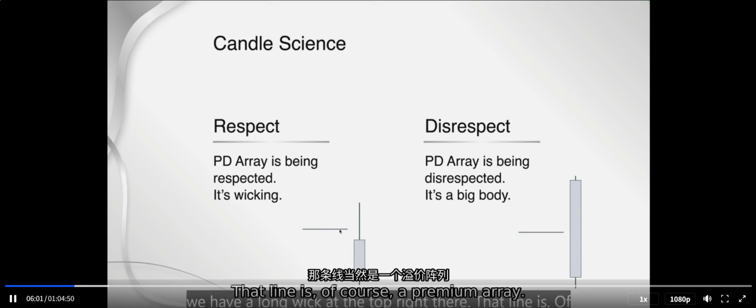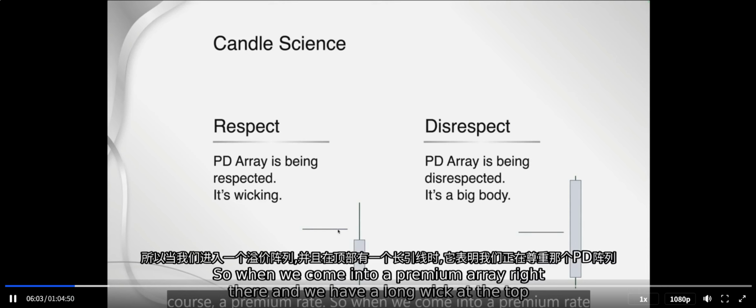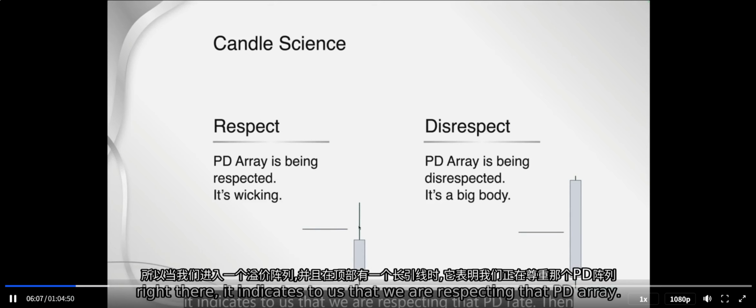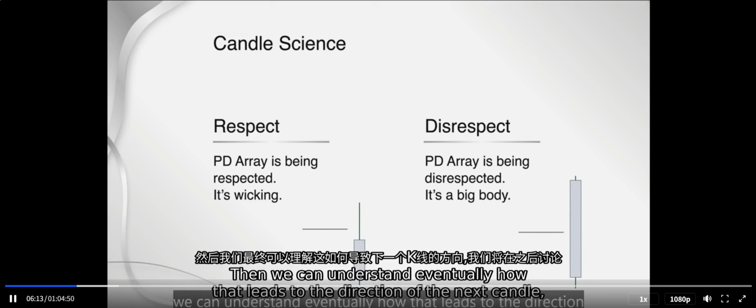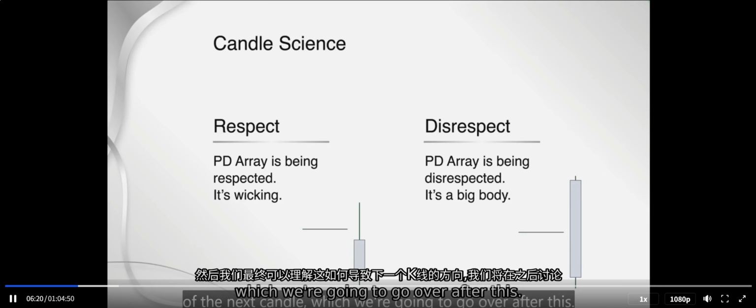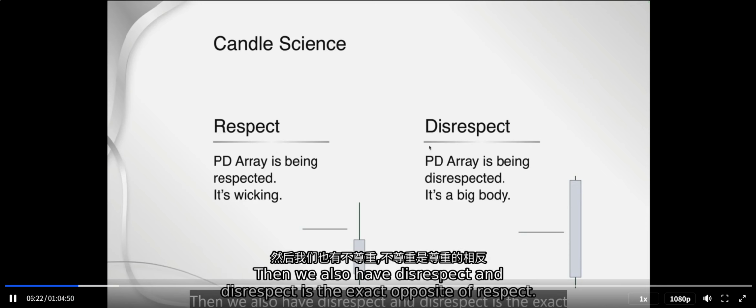That line is, of course, a premium array. So when we come into a premium array right there and we have a long wick at the top, it indicates to us that we are respecting that PD array. Then we can understand eventually how that leads to the direction of the next candle, which we're going to go over after this.